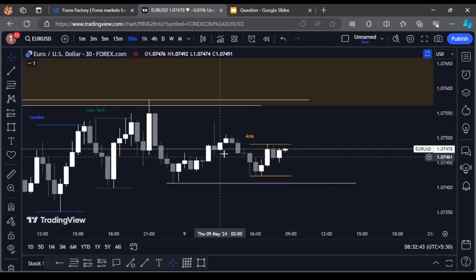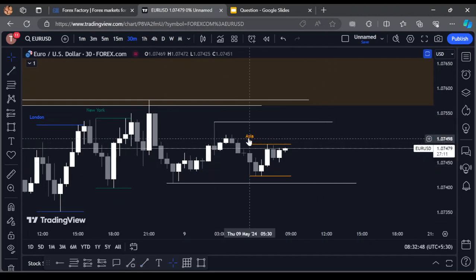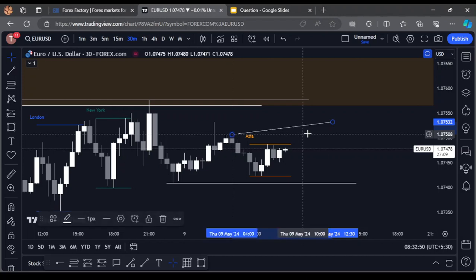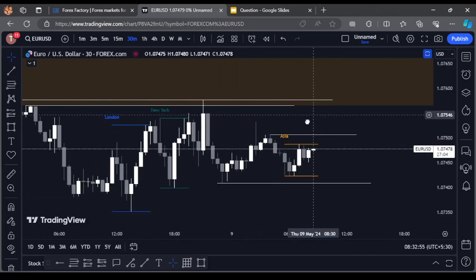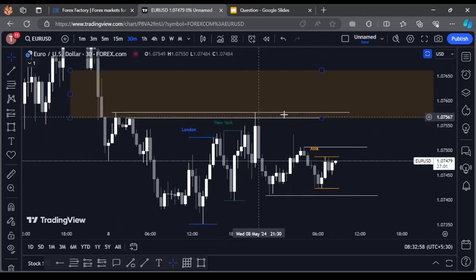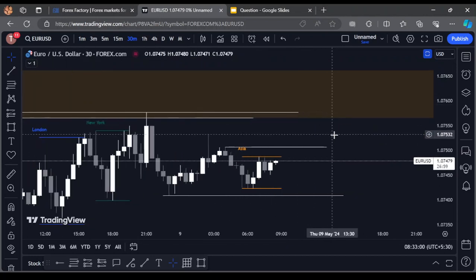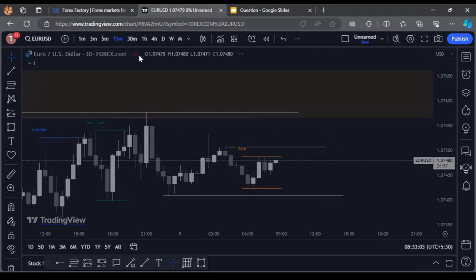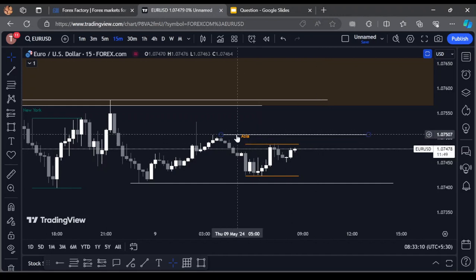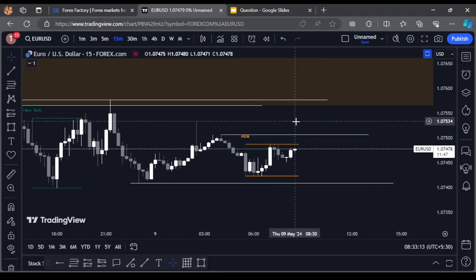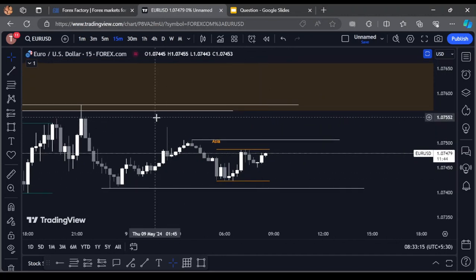Else, if we are going to break this high, most likely we are going to continue our journey towards these equal highs. So this is the bias for today, that I'm not much dependent on Asia high or Asia low, but rather I'll be anticipating the price to give a close above this structure or below this structure for the bias to be defined. So now let's move to the next segment, that is the questions round.